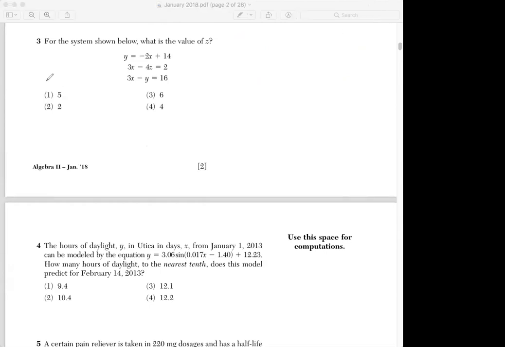Again, I feel like we just did this, but let's sub 1 into 3, so we get 3x minus -2x plus 14 equals 16. 3x plus 4x minus 14 equals 16. Add 14 to both sides. 3x plus 4x is 7x.